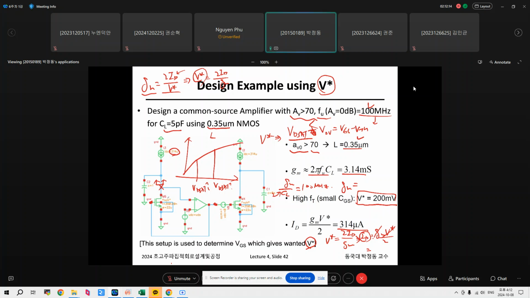This gate voltage is providing the current like a current meter, and this VDC is providing the voltage over here. So we apply all the required bias.